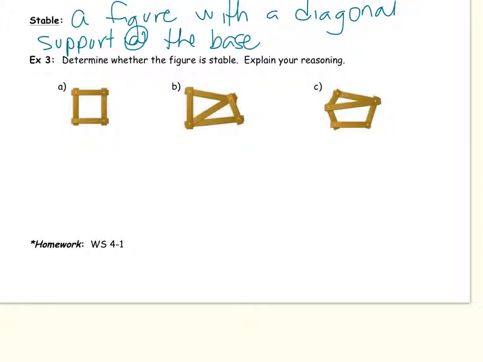So I'm looking at the base, and is there a diagonal that cuts through here? And I would say no. So is this stable? No, because no diagonal.